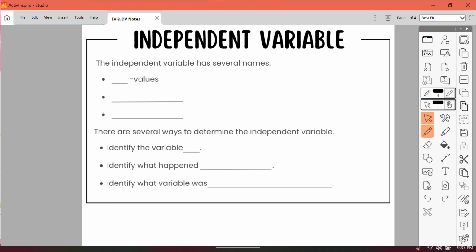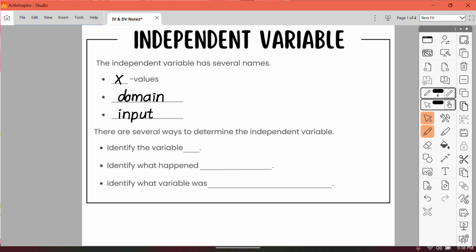In math, when we are talking about the independent variable, at least at this point in eighth grade, then we are talking about the x values or the domain or the input. And we've talked about these words before when we're talking about functions, but that's what we're talking about.